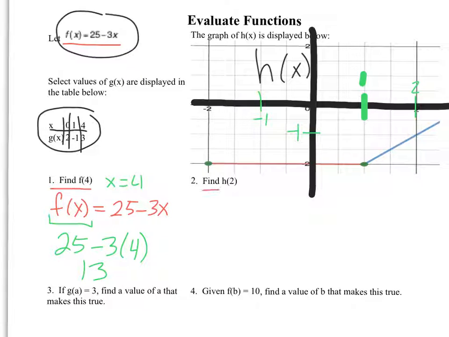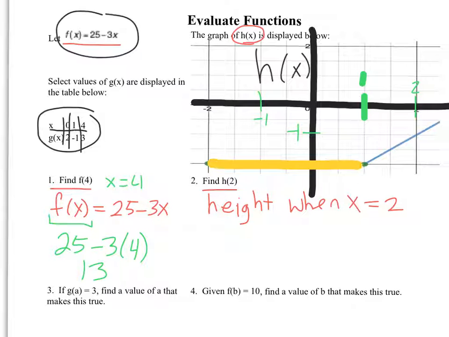Okay, so find h of 2. Because we're talking about h, we know we're using this graph. H of 2 means the height when x equals 2. And for this, we're talking about the graph. And for that, I'm going to highlight this in yellow so that we're real clear about what we're talking about.